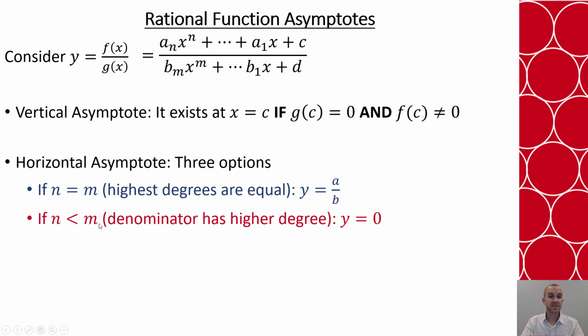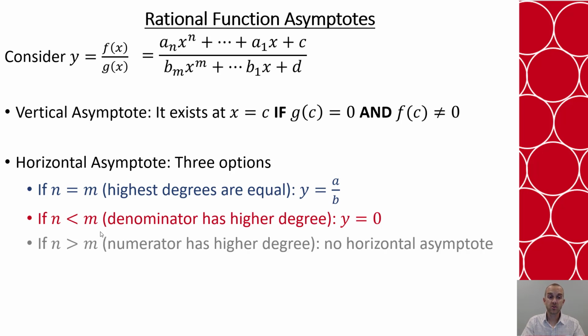If my denominator's degree is higher, then the horizontal asymptote is at y equals 0. If the numerator's degree is higher, there is no horizontal asymptote. So it's possible that it can be 0, some other real number, or that there is no horizontal asymptote. So let's look at some examples to help us with this.